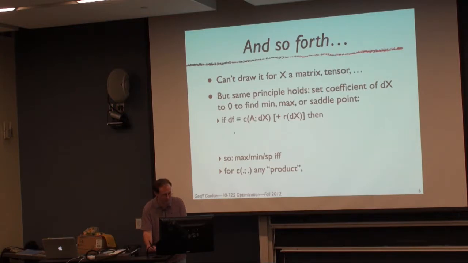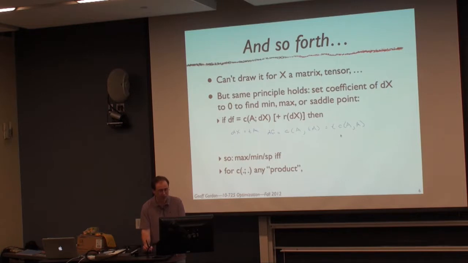If we set dx equal to t times a, we'll get df equal to c of a and ta, which is t times c of a.